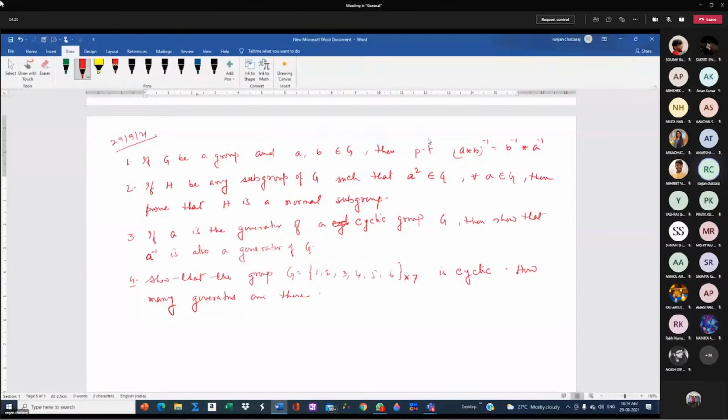So what is the idea to prove this one? Just tell me. What should be the idea to prove the first one? Anybody can tell me what is the idea to solve or to get the result?